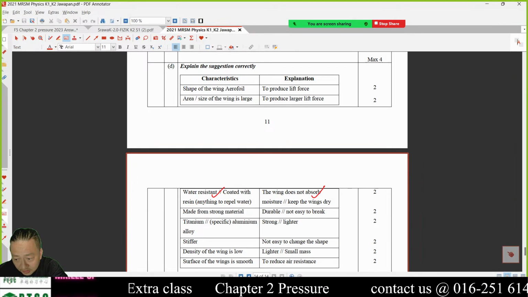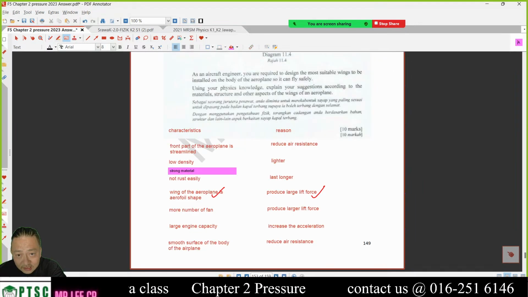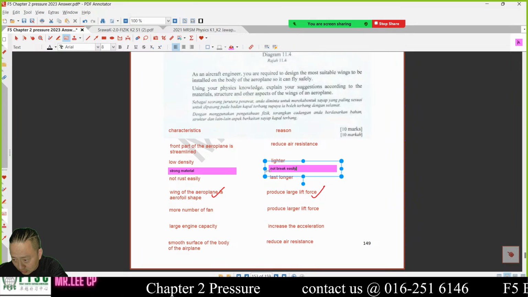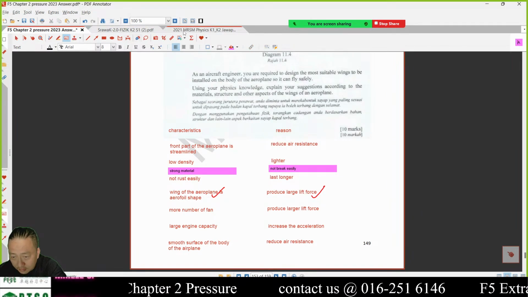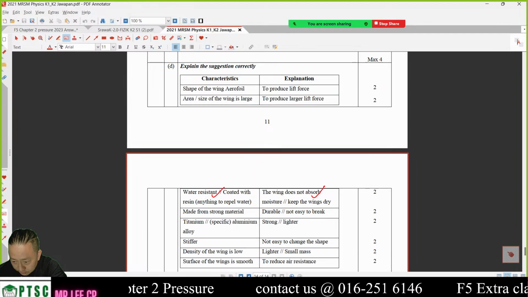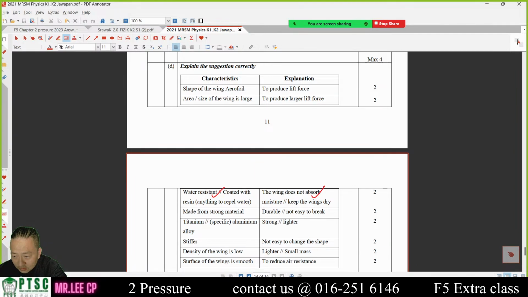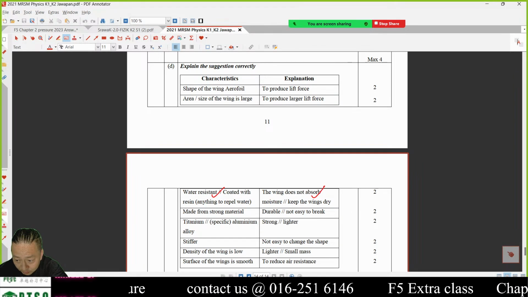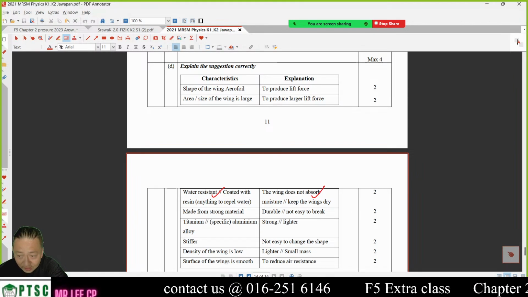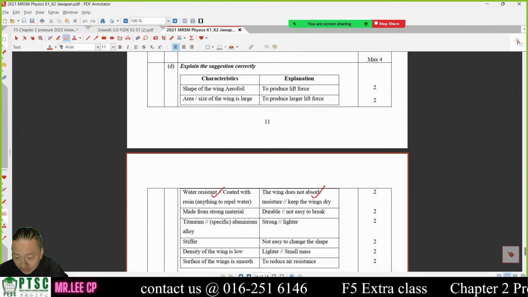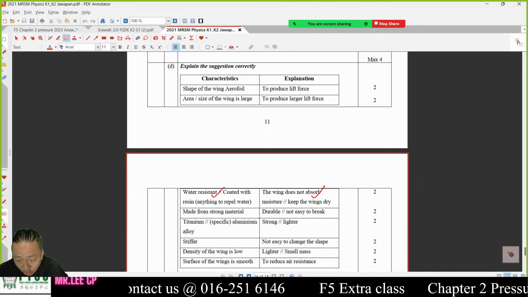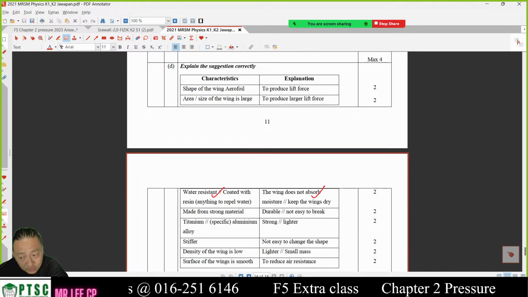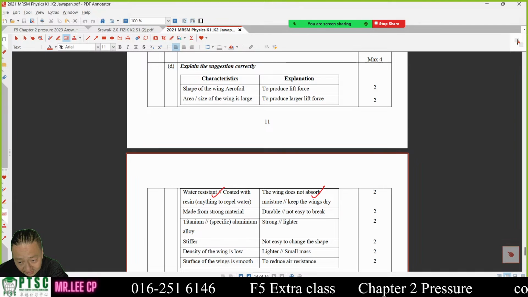Strong material, durable, not break easily. Water resistant, coated with resin, does not absorb moisture, keep the wings dry. I don't have it. And then titanium, aluminum alloy, this one okay. Steel, salah. Strong, lighter.